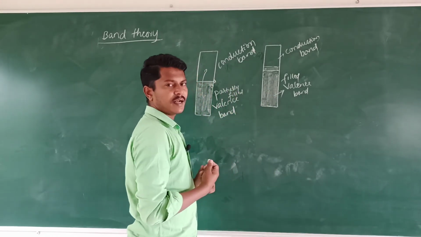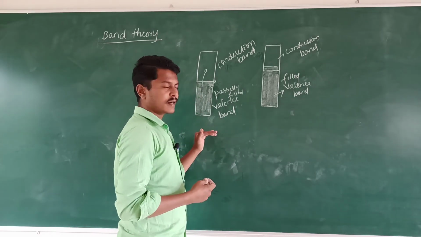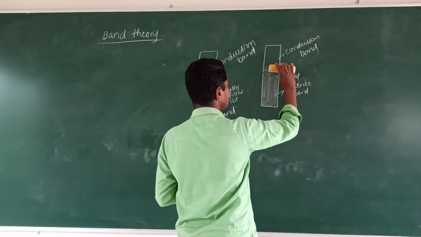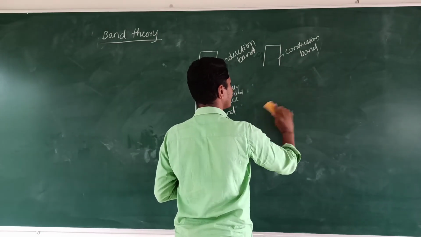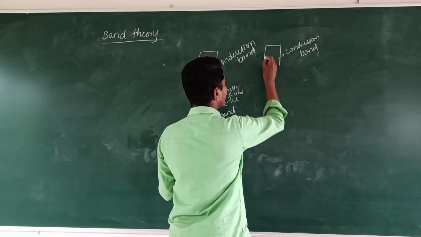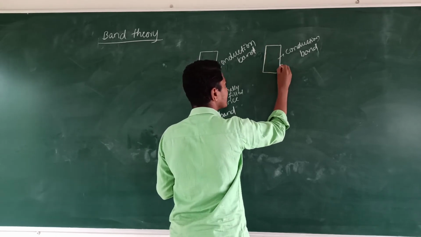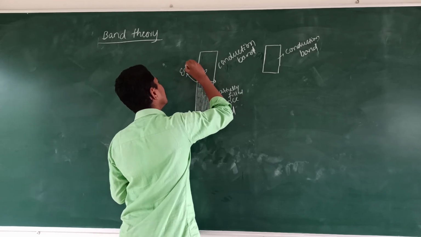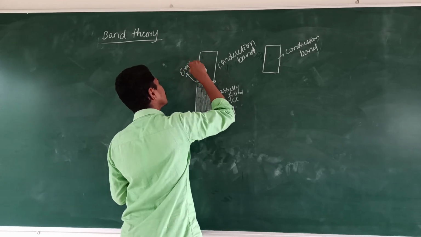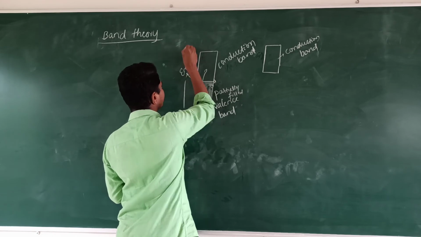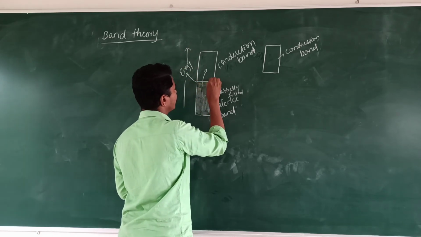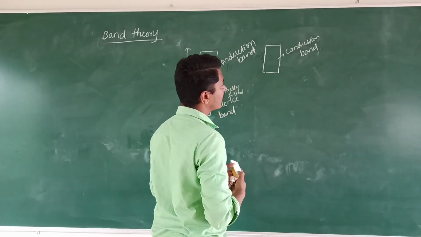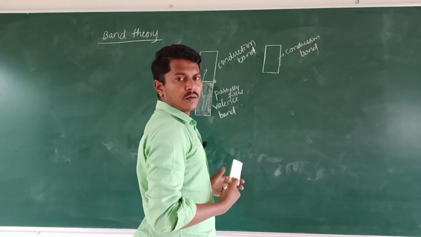Same thing in case of conductors and insulators. The conduction band is the same, but this is the energy gap. Here the energy gap is very small and the completely filled valence band is overlapping.